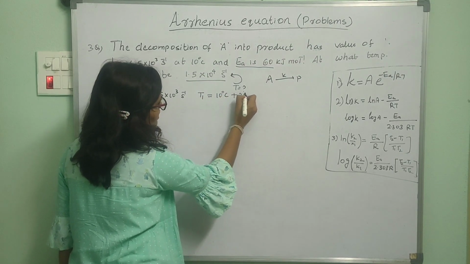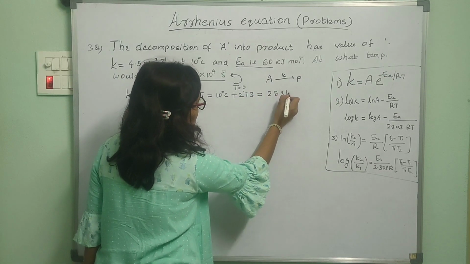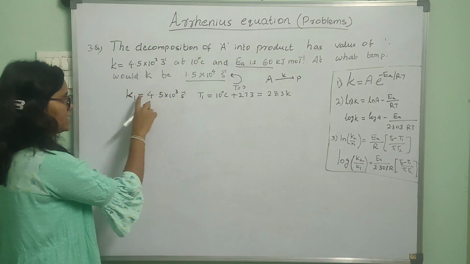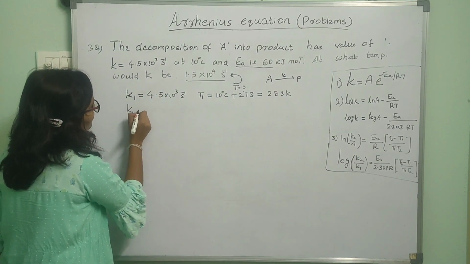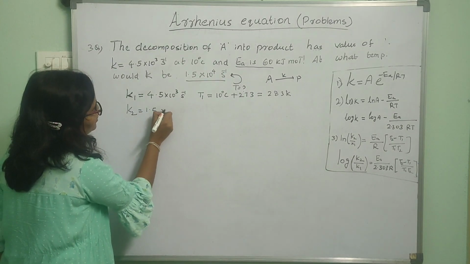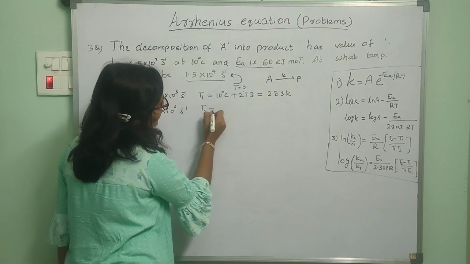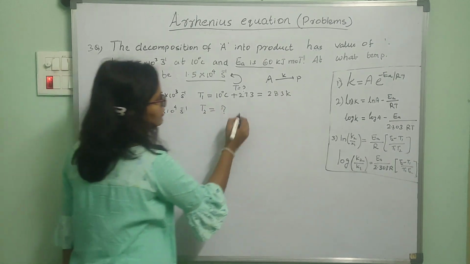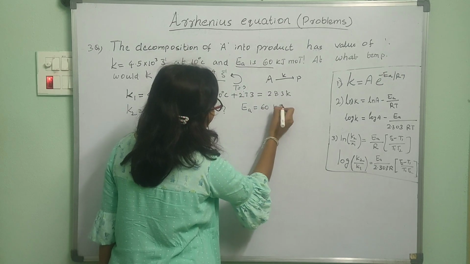So 10 degrees centigrade plus 273 gives 283 Kelvin. So at T1 the rate constant is this much. So now you are given K2, which is 1.5 into 10 power 4 second inverse, and you are asked to find out the value of T2. You are also given activation energy, which is 60 kJ mole inverse.